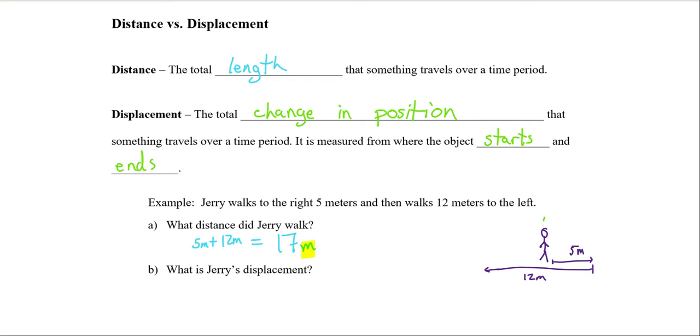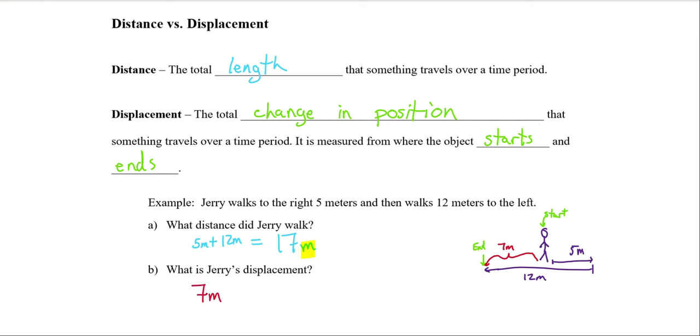So this is where Jerry started. This is where Jerry ended. Doing a little bit of analysis, his displacement is going to be this bit that I have here in red. We see that that bit should be 7 meters long, because that's the difference between our 5 meter and our 12 meter motion. So we'd say, okay, Jerry's displacement is 7 meters.